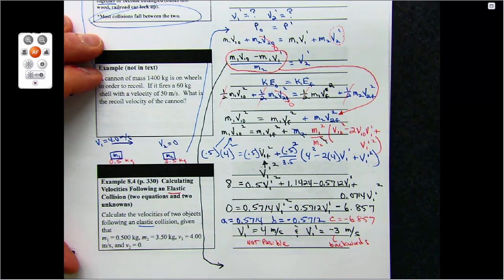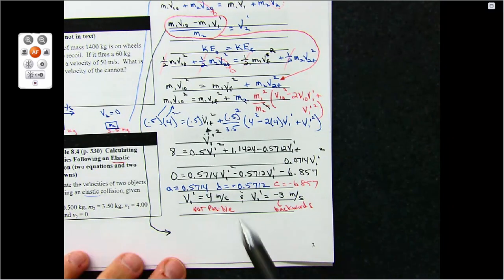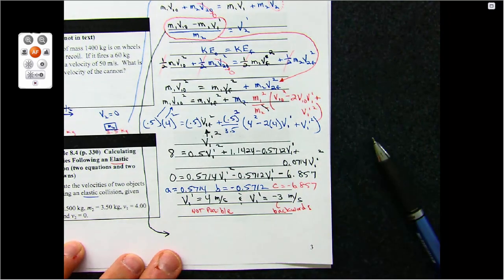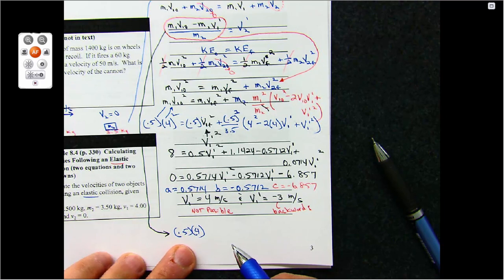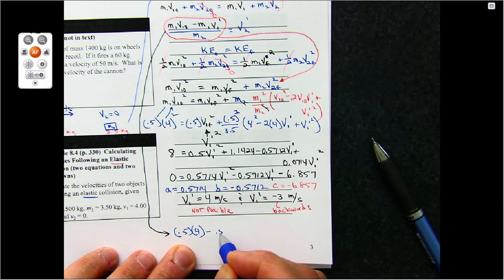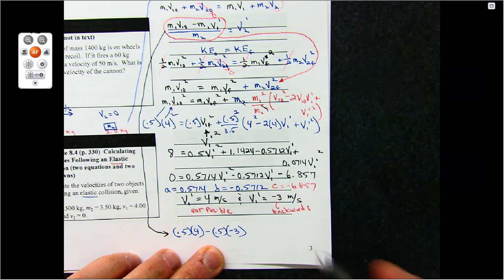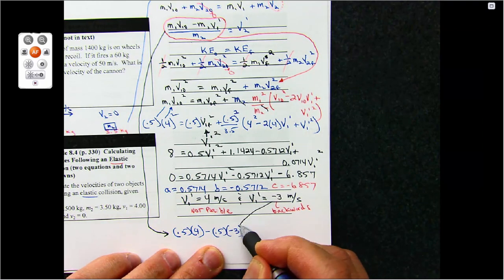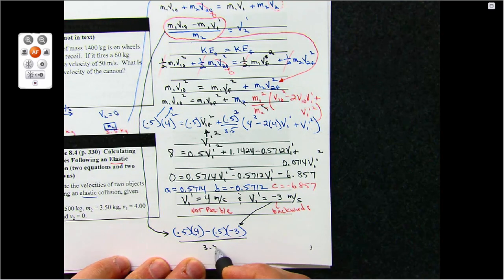I've passed this. Now, if we plug this in for V2, put your arrow down for M1. V1 initial was 4, minus M1, 0.5. And V1 prime is negative 3. We just solved it. All over M2, which is 3.5.